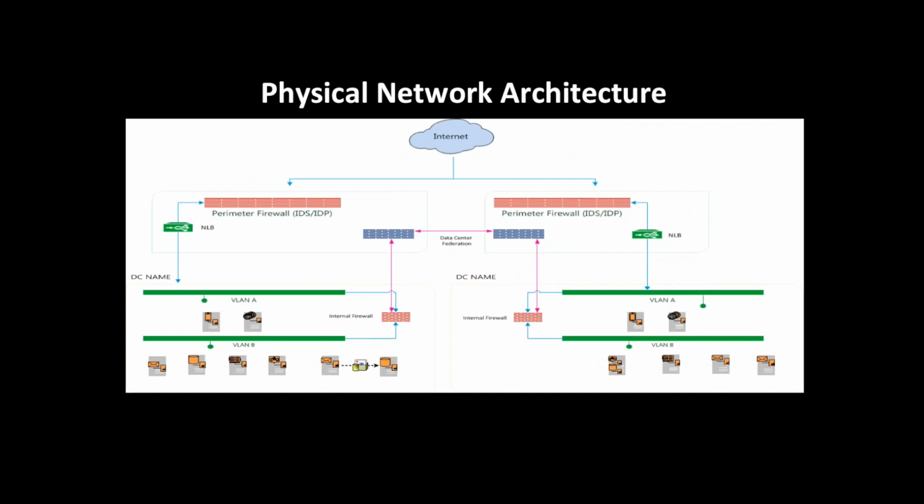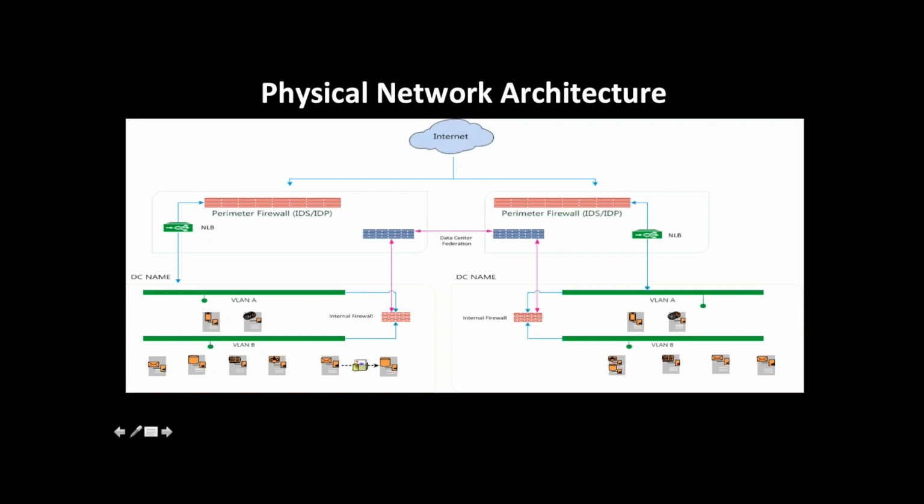And let's just take a quick look technically at, what does the physical architecture of a cloud environment look like. So if you look at this slide, it's actually showing two data centers and how they're interconnected. So on the left, as we start at the top here, you have the internet coming in, then we're going to have our perimeter firewall doing IDS and IDP scanning.